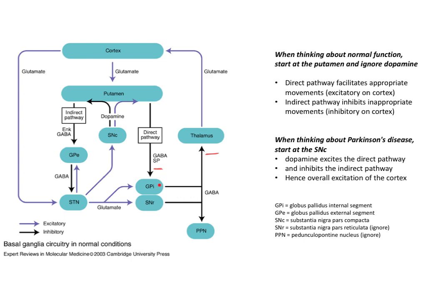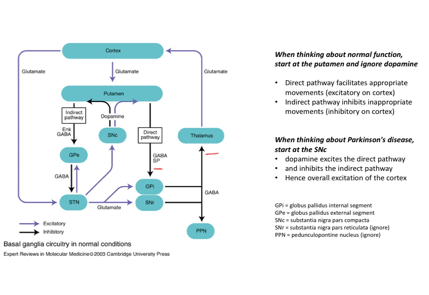If you inhibit this inhibitory influence, you decrease the amount of inhibition on the thalamus, and this leads to a net increase in the activity of the motor cortex. And this fits with what we know about the direct pathway. We know that the direct pathway is that pathway which is involved in the facilitation of appropriate movements.